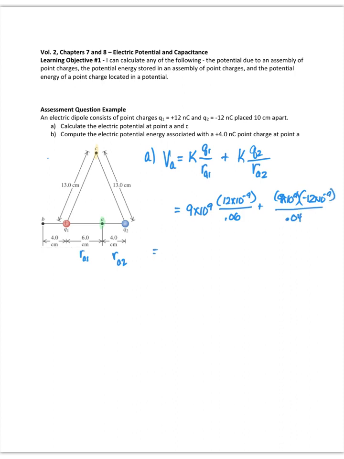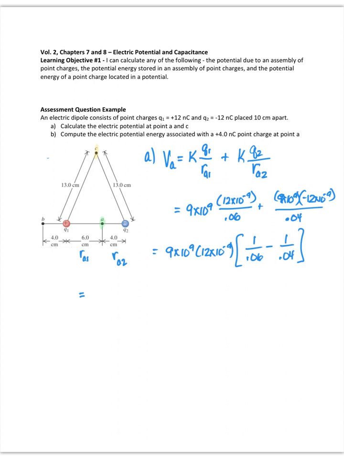I thought it was really helpful if I just factored out some common terms. And this is going to be how I'm going to calculate the potential at point A. This just makes it a little easier to do my calculations.